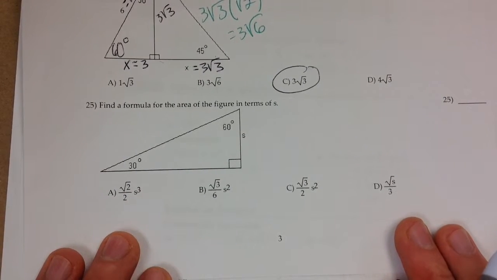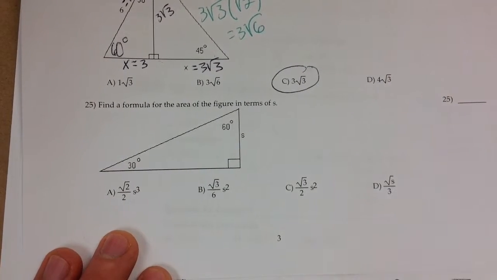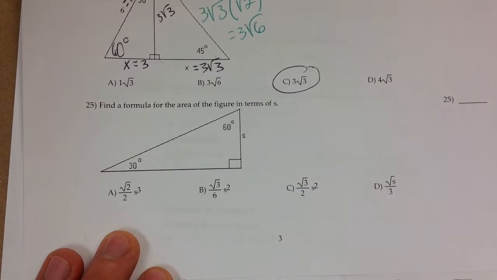25. Find a formula for the area of the figure in terms of S. Random person. Darian. Tell me what you know about areas of triangles. It's 1/2 base times height. Very good.